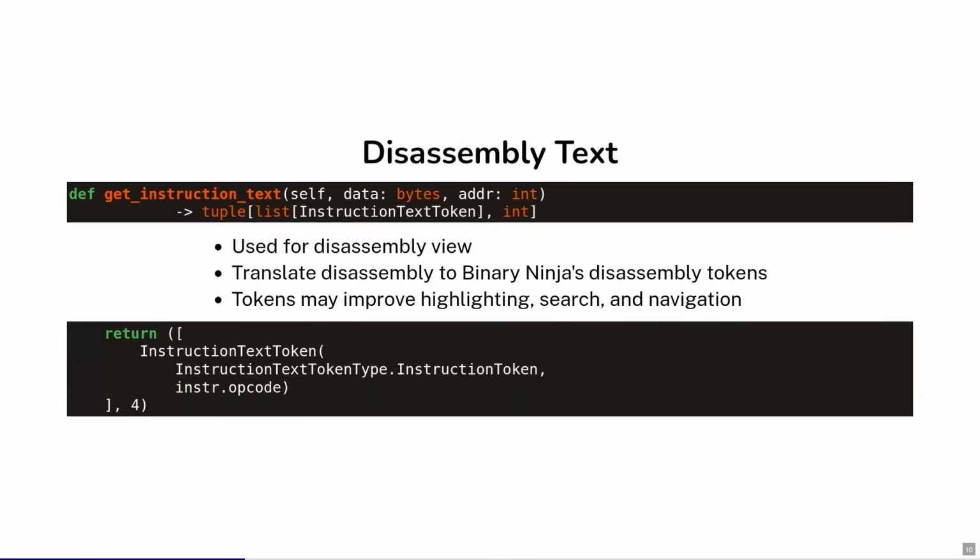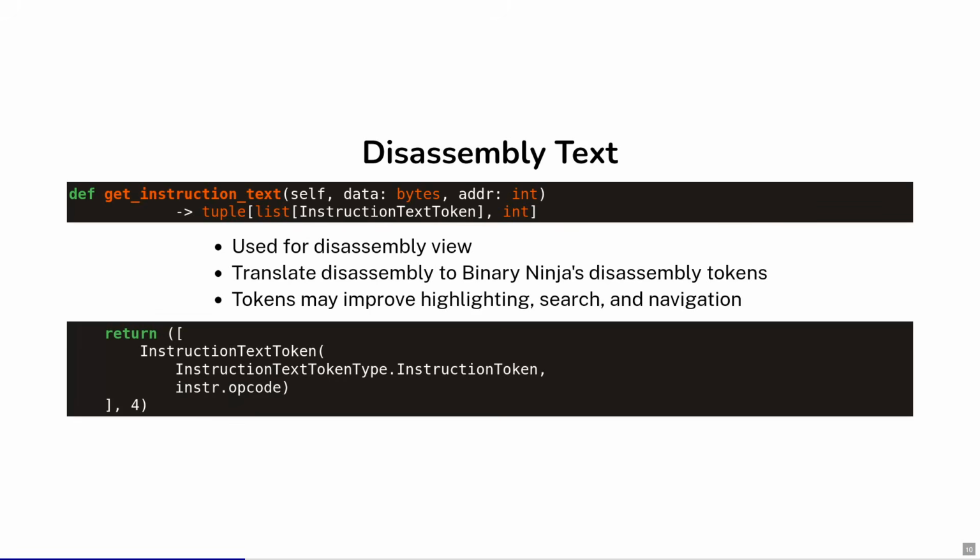Usually, to provide disassembly, we just need to translate the disassembly that we already have into disassembly language tokens that Binary Ninja can use. This is just translating from one output to the other in a structured way so that Binary Ninja can provide highlights and search and other more interactive navigation with the information we provided.